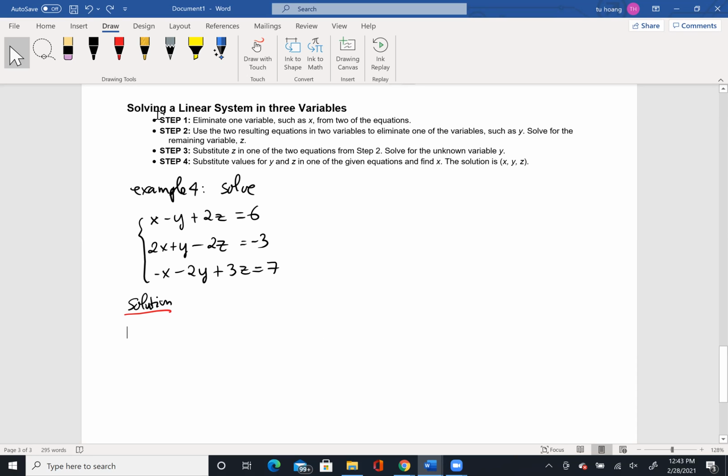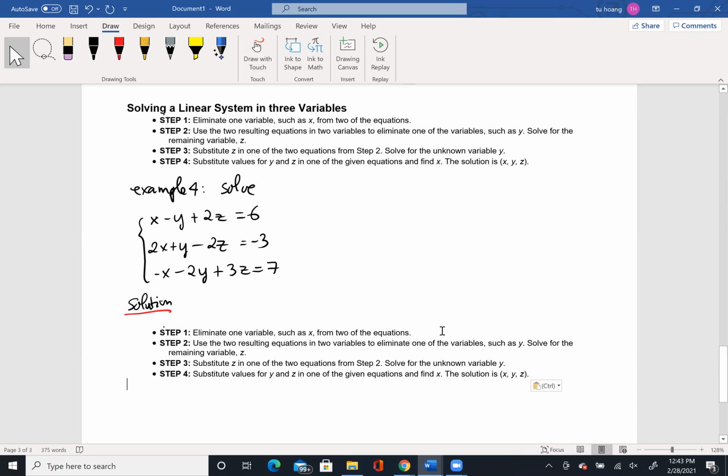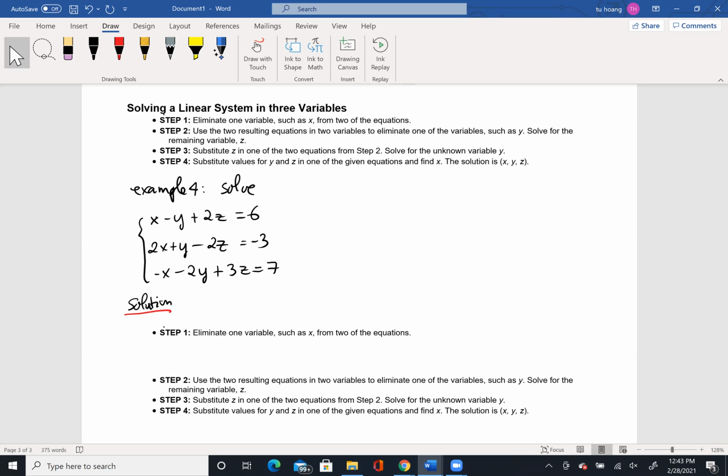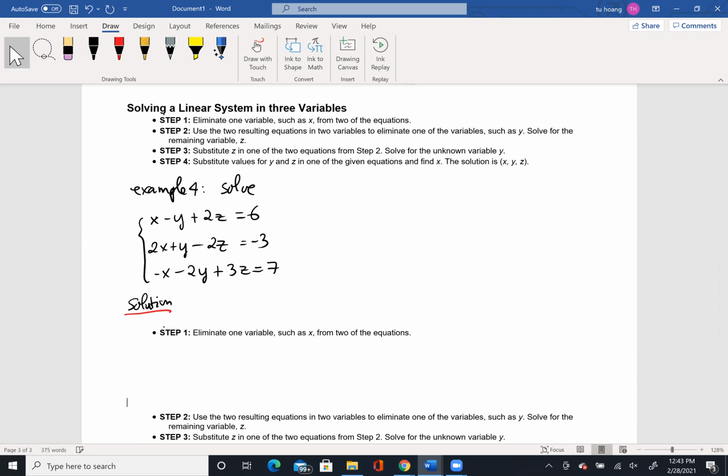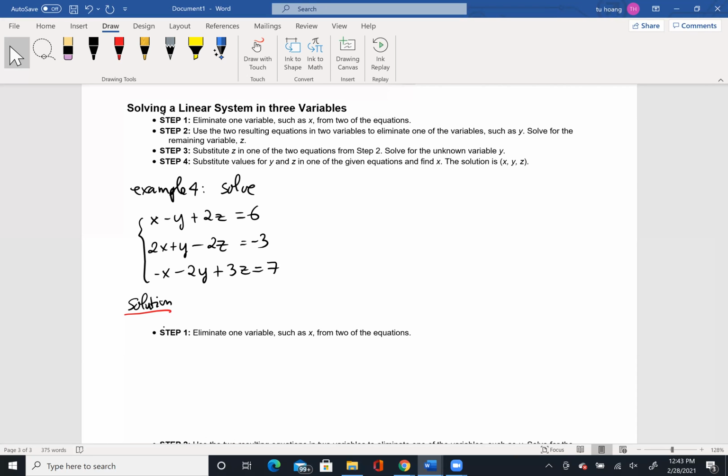I'm going to copy all this and then put that here so I don't forget. Okay. Let's start with step number 1. I want to eliminate one variable in here, such as x, from 2 of the equations.